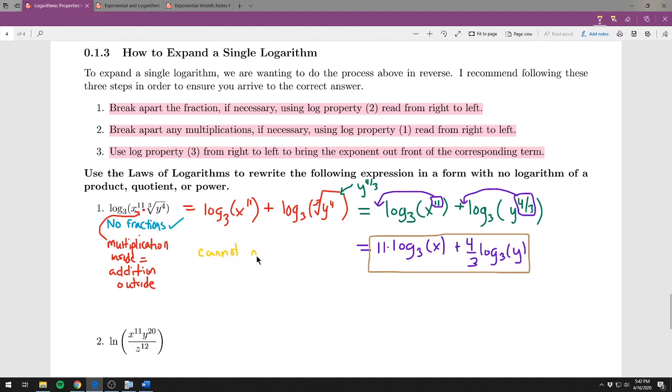We cannot move the power or the exponent out front unless the entire inside is raised to that power. The two things we have here, the x and the y, are raised to different powers. One's raised to the 11th power, one's raised to the 4/3 power.